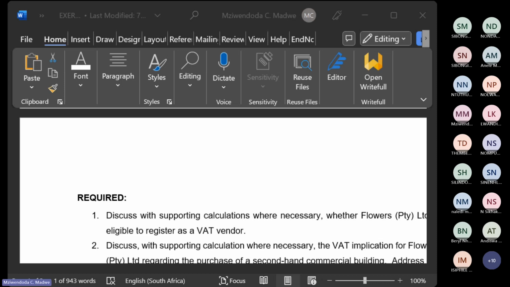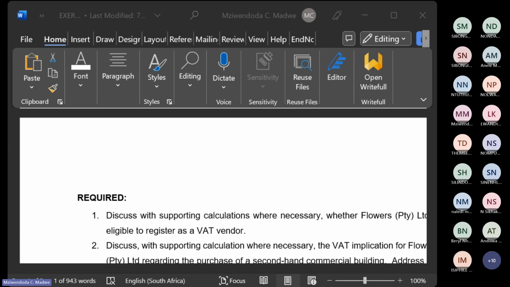For compulsory registration, there is a total amount of taxable income that you must make in order to qualify. One of the conditions is that in order to register as a VAT vendor, you must make a taxable supply.